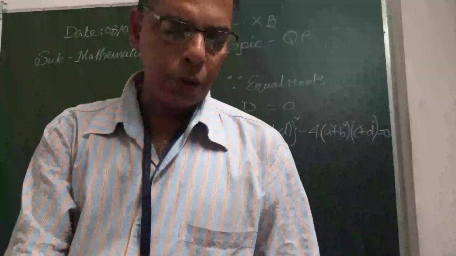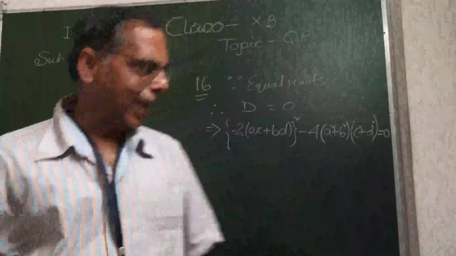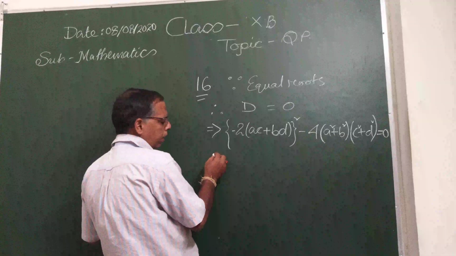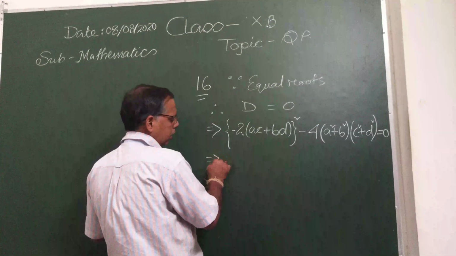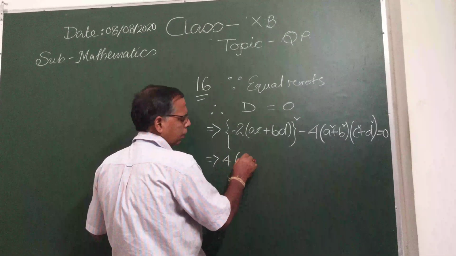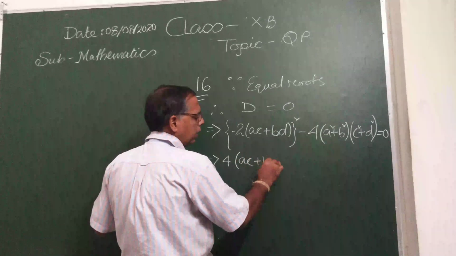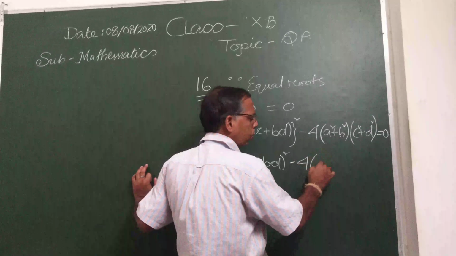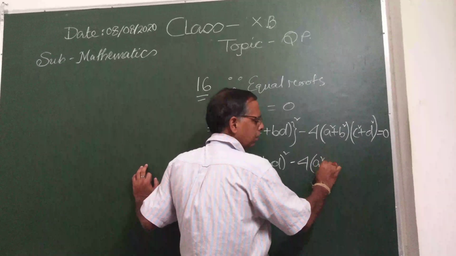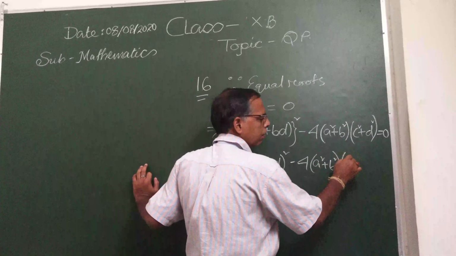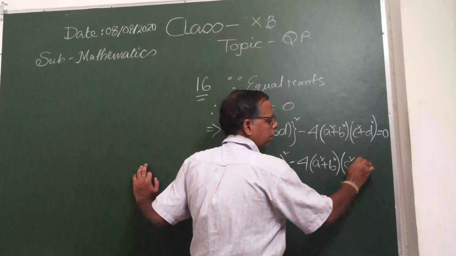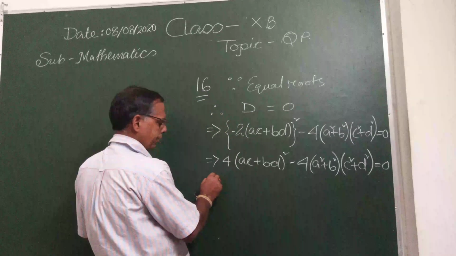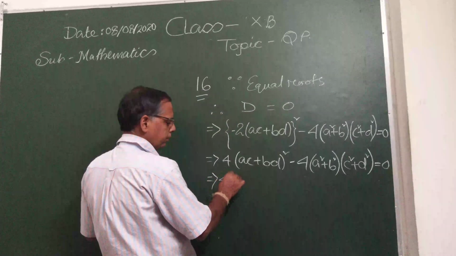Then what do you have to do? You have to expand it by the use of whole square formula. But before that, see what we will do. 4 (AC plus BD) whole square minus 4 (A square plus B square)(C square plus D square) equal to 0. Then take 4 common.